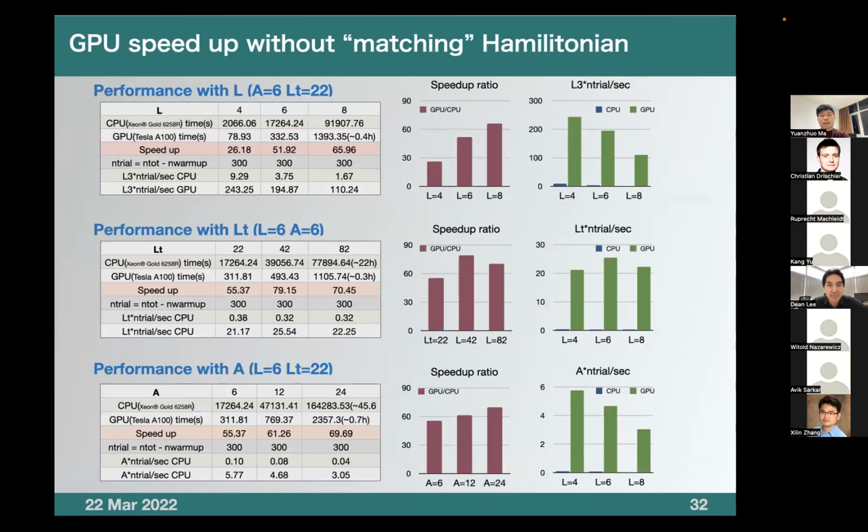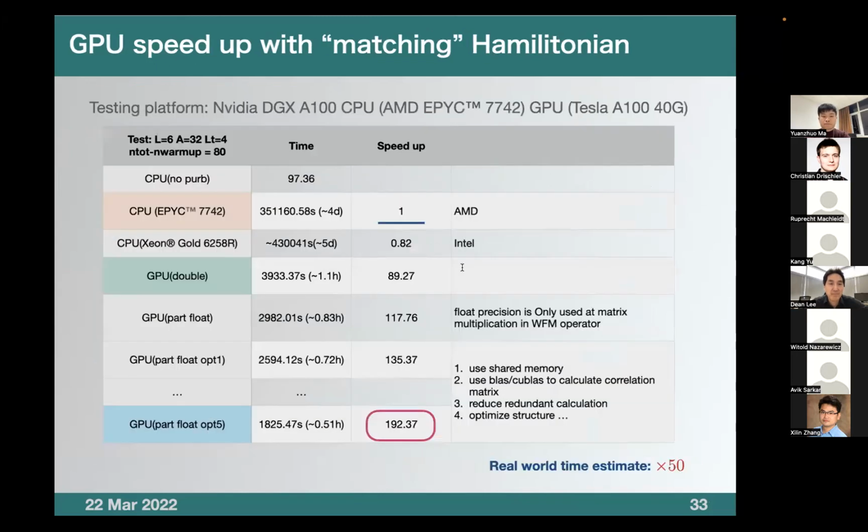For some testing Hamiltonian, we can achieve around 60 to 80 times speed up, and for the real-world Hamiltonian, which we are going to use for our neutron matter density correlation function calculation, it has an impressive 190 times speed up.